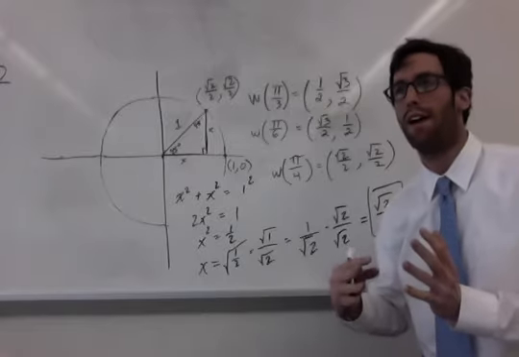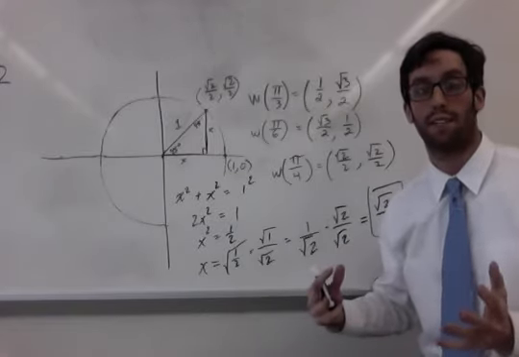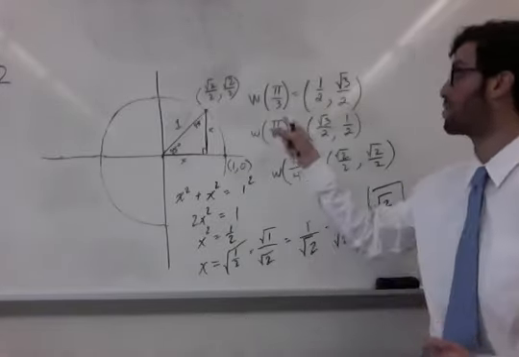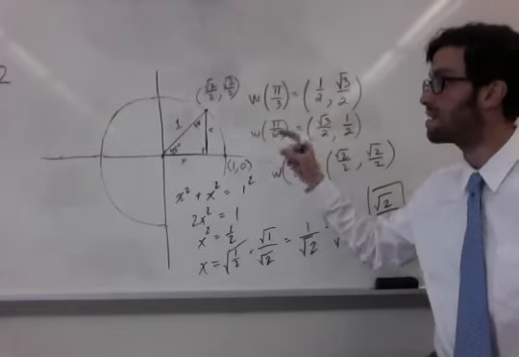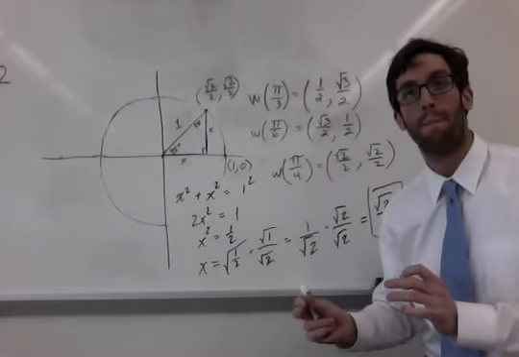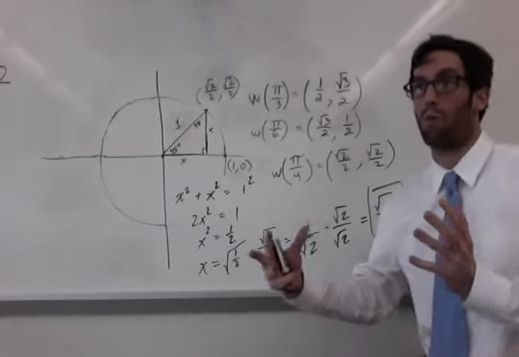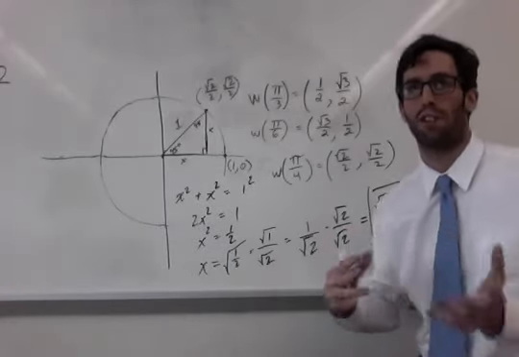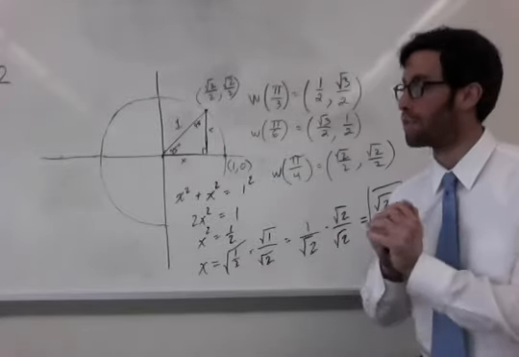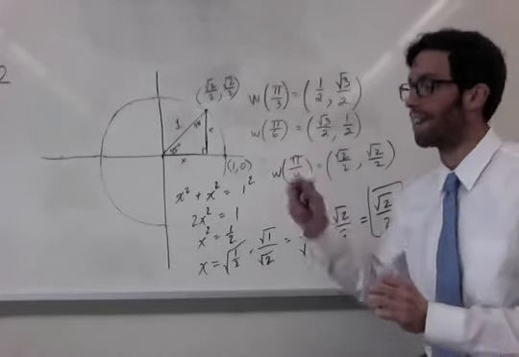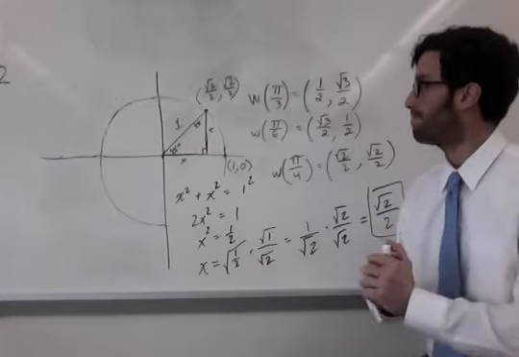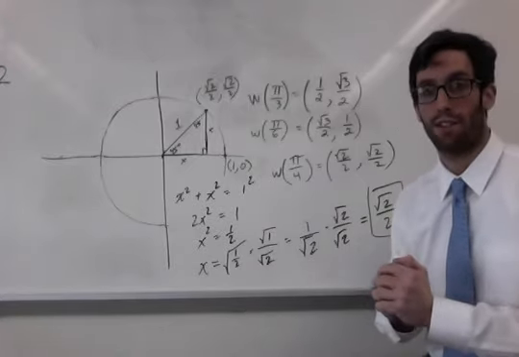If we have a wrap of 7 pi over 6, that's based on the pi over 6, right? You have 7 of these. Figure out where that's going to land, and that'll tell you whether x is 1/2 or y is 1/2, or are they root 3 over 2 or negative root 3 over 2. You've just got to figure out where that lands, okay? And then you'll have your answer, all right?